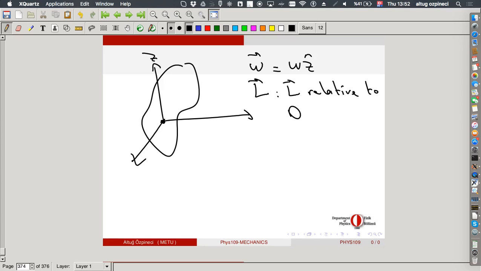That's what we usually do. In fact, we said that usually we first choose our coordinate axis, then we choose the rotation axis, etc. Now, if we move our origin along the angular velocity, how does the angular momentum change?